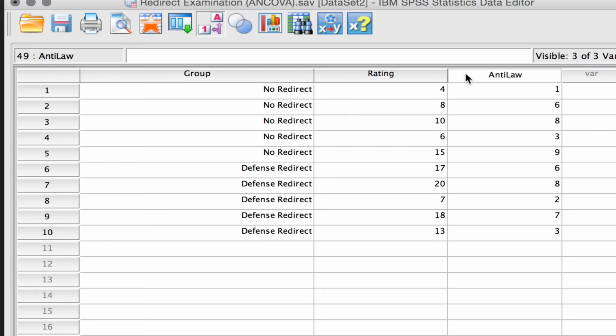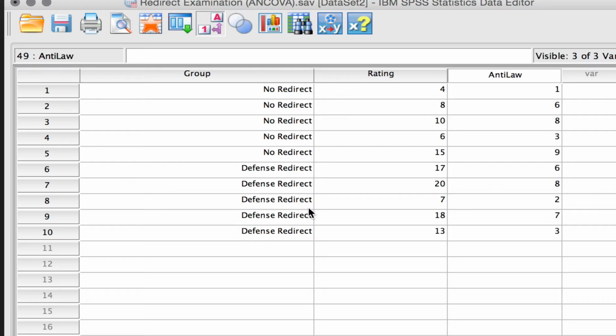So we're hoping that their anti-law enforcement attitudes can explain some of the variance in their ratings and give us some more sensitive analysis to decide whether there is a difference between just seeing a witness cross-examined versus seeing the witness cross-examined and then the defence having an opportunity to come back and rehabilitate the credibility of the witness.